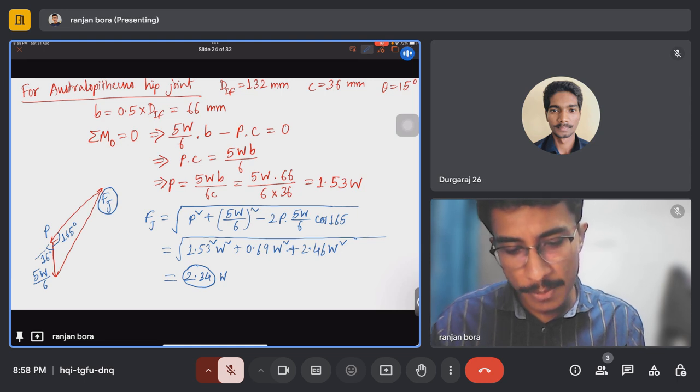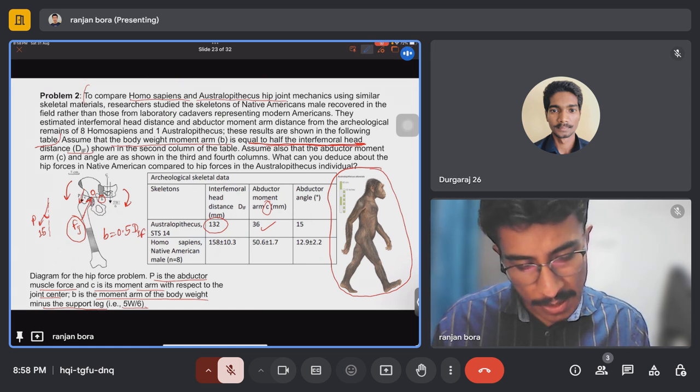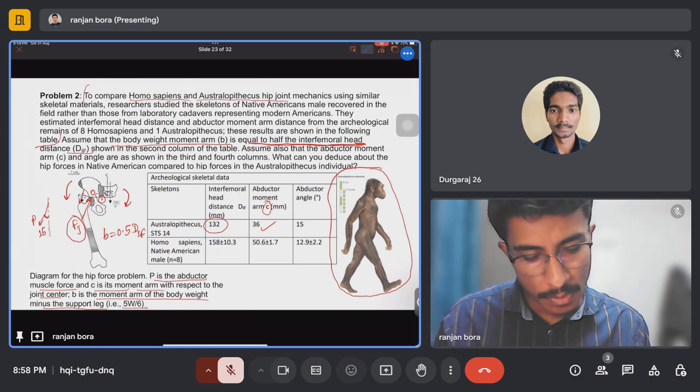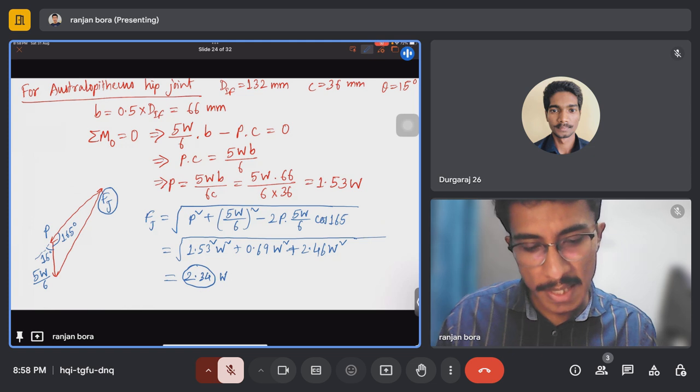Now we can solve this problem for this case, Homo sapiens Native American male. For that, what are the given values?